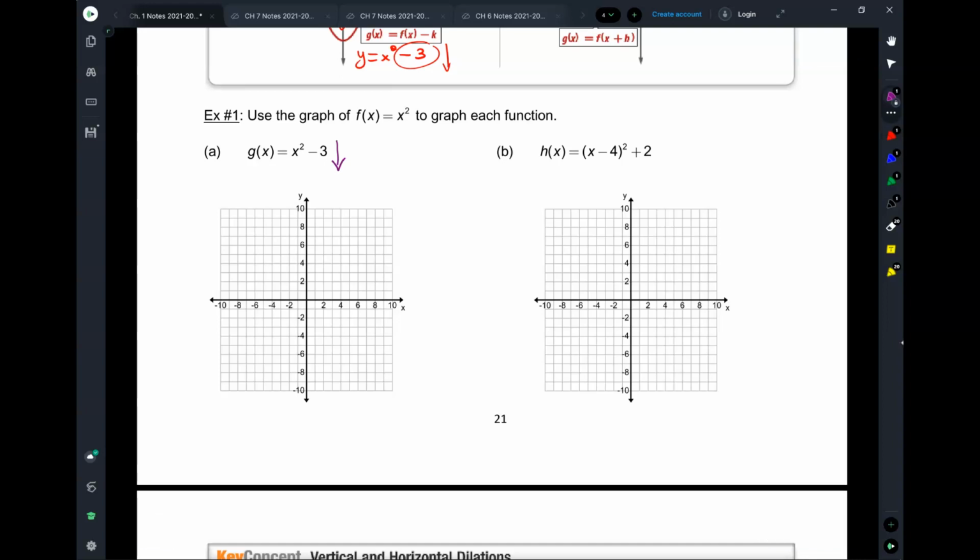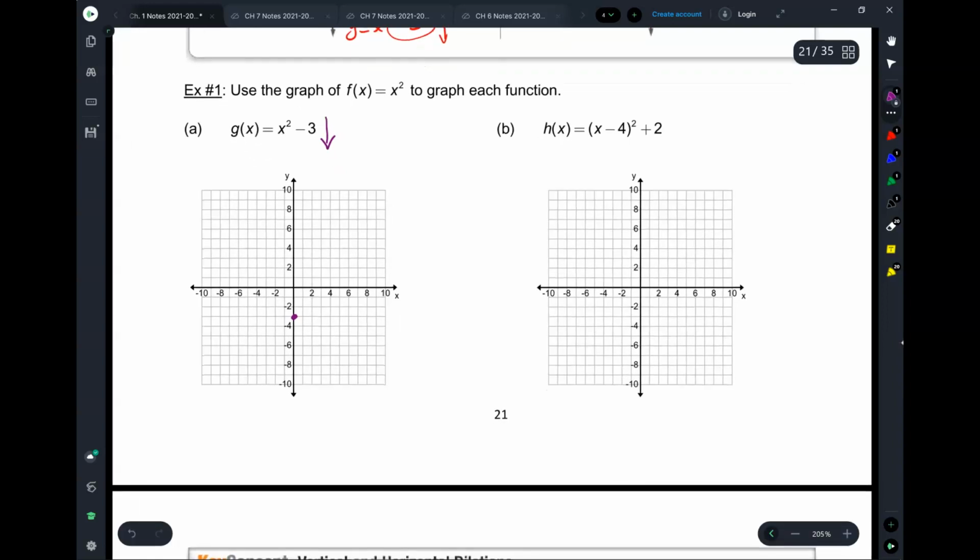So now, instead of the vertex being at 0, 0, it's going to be down here at (0, negative 3). And let's put that in there, right? (0, negative 3). You are going to label those.